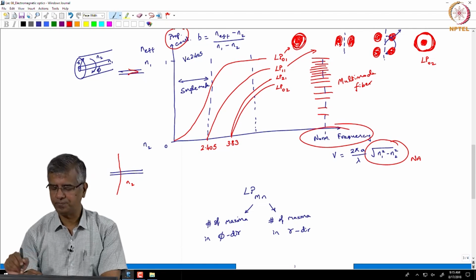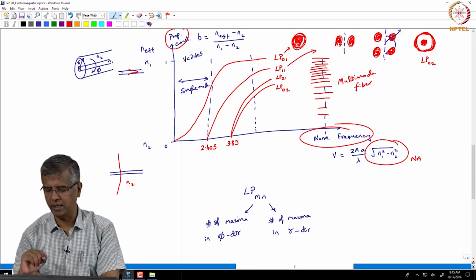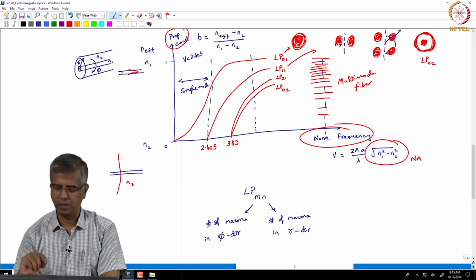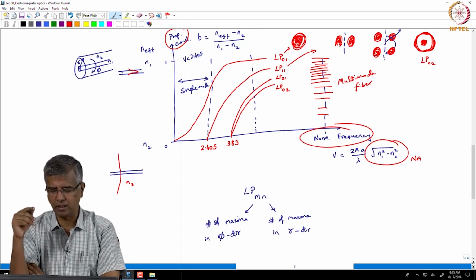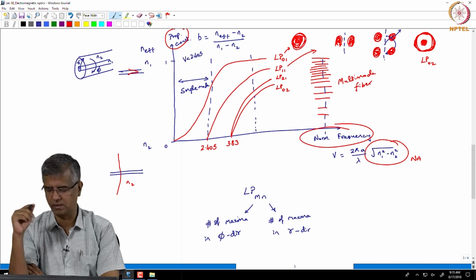That is why these are called linearly polarized modes. But again, to understand the actual structure, we need to solve the entire wave equations, which we are not doing as far as this course is concerned.